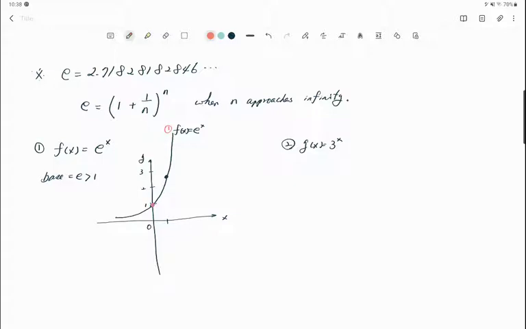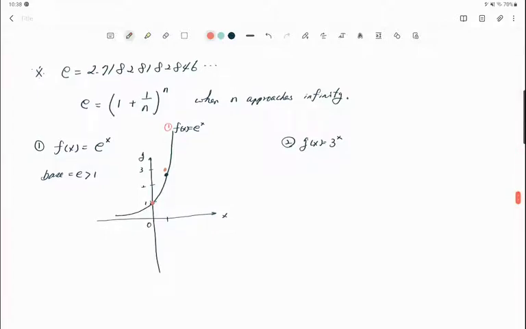Same y-intercept. If x equals 1, then y is 3, somewhere like this. If x is negative 1, then it will be below this line. So the graph looks like this. Can you see it? It's more narrow.